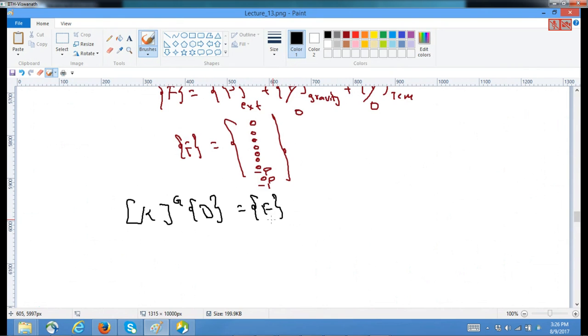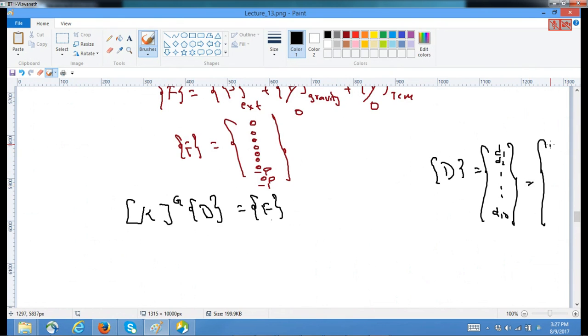My d vector is degree of freedom 1, degree of freedom 2, and so on up to degree of freedom 10, which is u1, v1, u2, v2, and so on up to u5, v5.